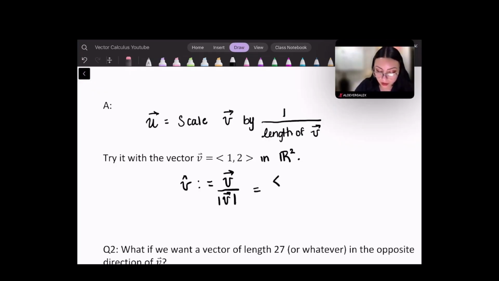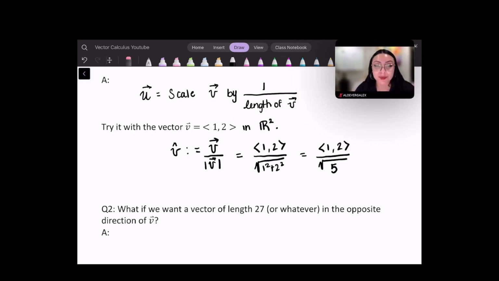So calculating this, we have 1, 2 over the square root of 1 squared plus 2 squared. This is just 1, 2 over the square root of 1 plus 4, which is 5. And that gives us a unit vector. So be my guest to make sure that you see that this vector actually does have length 1.